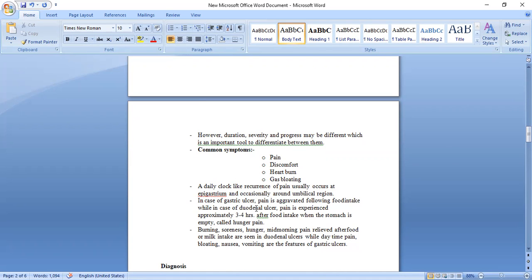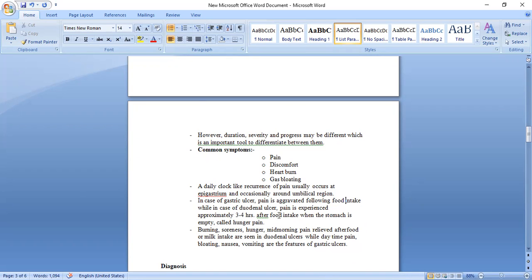In case of gastric ulcer, you have to see the differentiation. Pain is aggravated following the food intake.